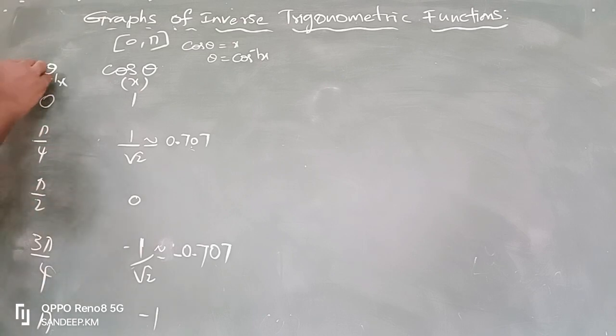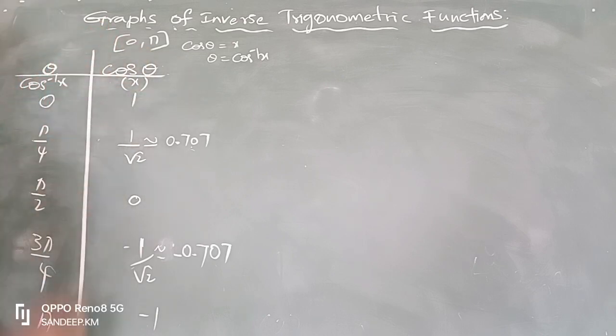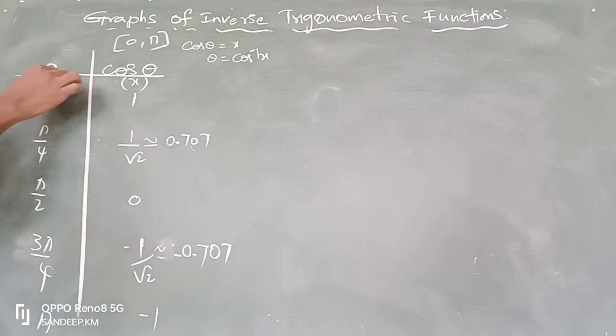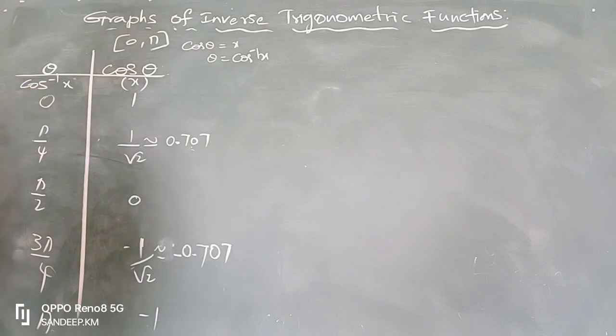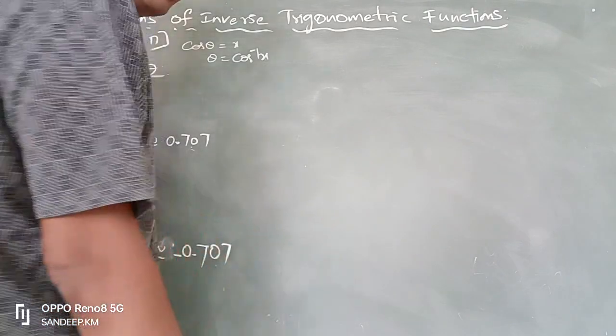Okay? So instead of writing it separately, I am making it within the same table. So for cos inverse x, input will be x and the output will be cos inverse x. Let us draw the graph of cos inverse x.